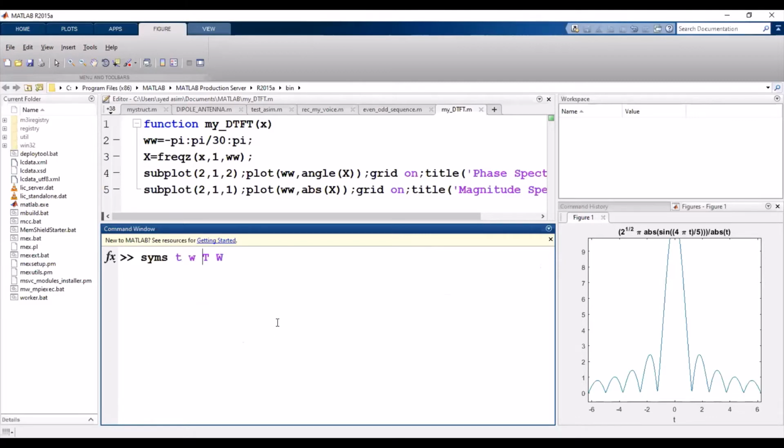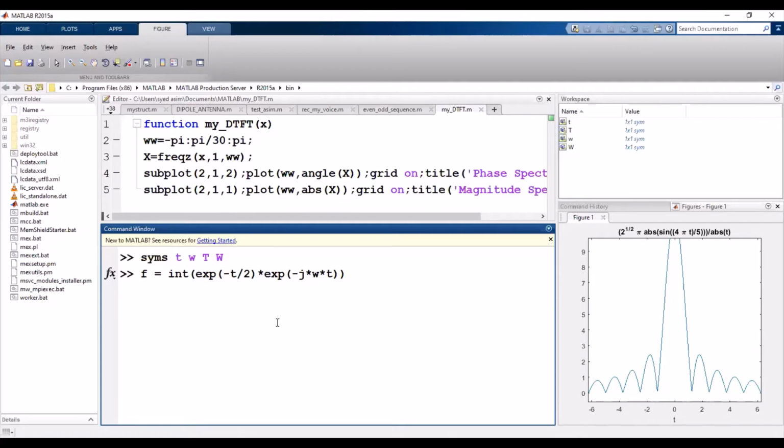We just define t, omega, capital T. After that I'm going to define the equation, the integral, int for the integral. My input x of t is equal to exp of minus t by 2, and multiply by exp of minus j into omega into t.